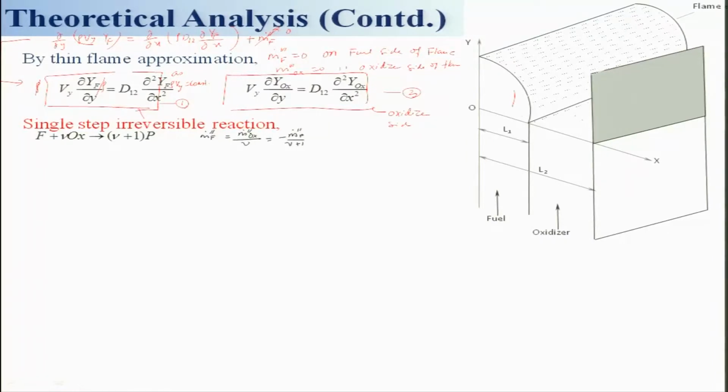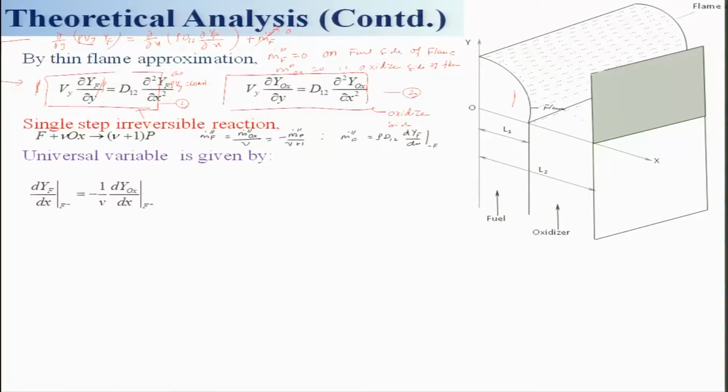And from this we can look at this m-dot flux. This m-dot_F is equal to ρ D_12 dY_F/dx. If you look at it, this is my flame, flame F, and you are coming from the negative side. Similarly, I can do this for the oxidizer as well, right.